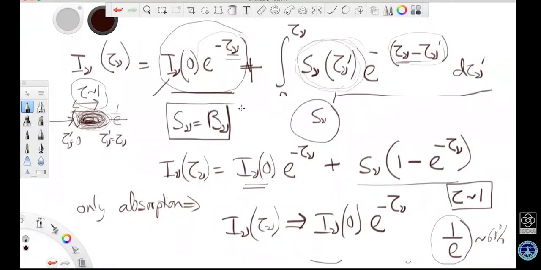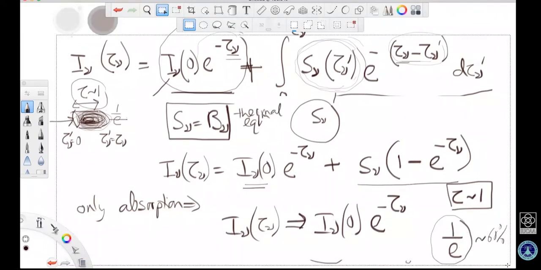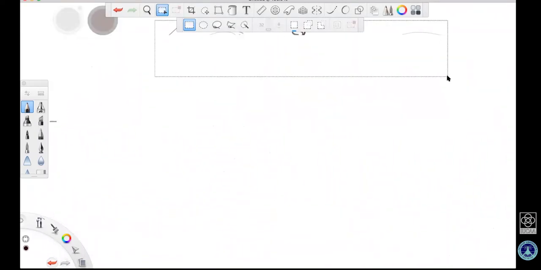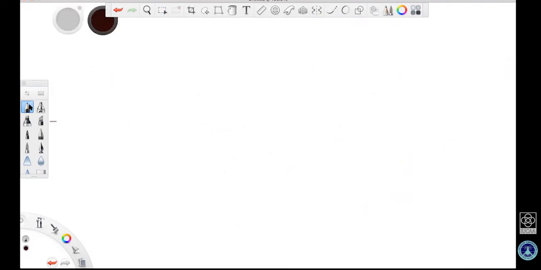If this matter is in thermal equilibrium, then S nu will be equal to B nu. So let's talk about that case only. I'll erase this and then I'll have an equation which is going to look like this.